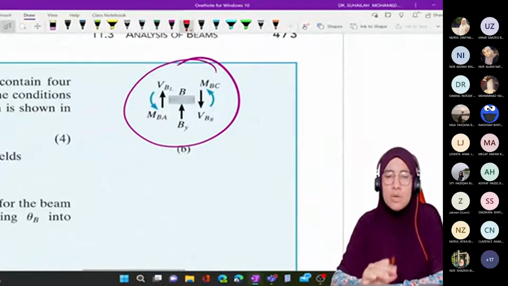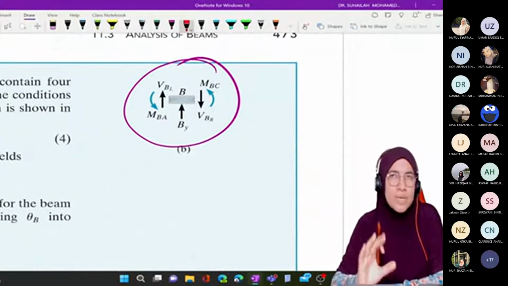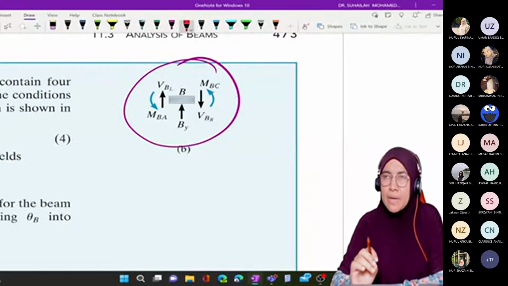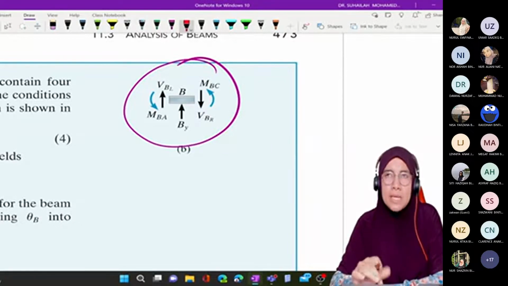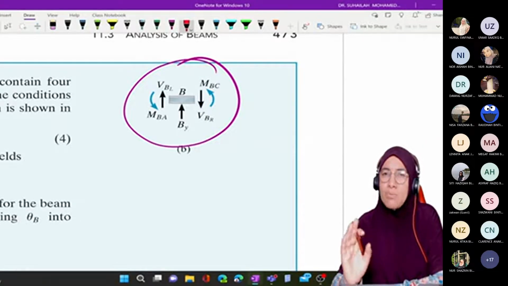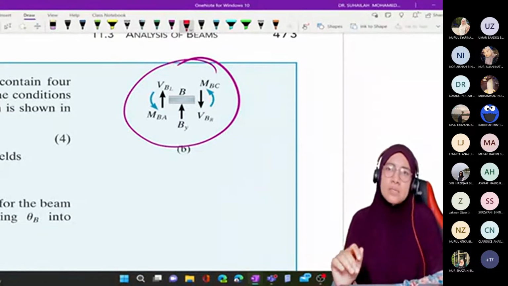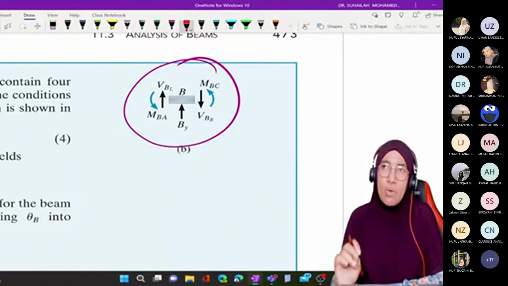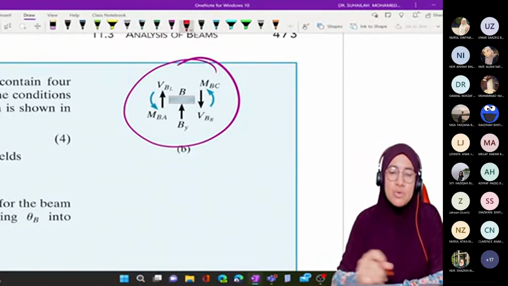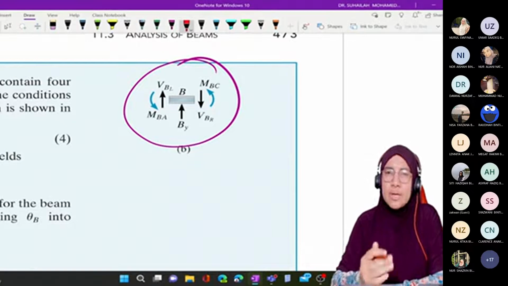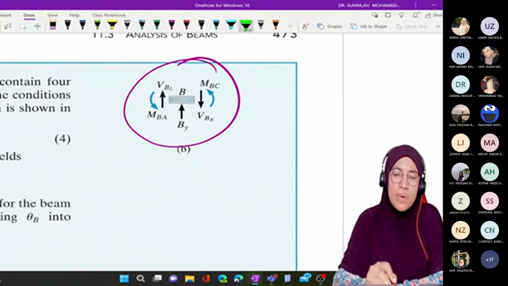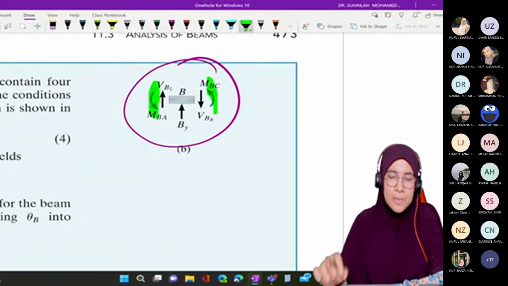Joint moment is opposite to member end moment, because of the member end moment assumption that we made at the beginning of the process. So clockwise moment that acts on the member is considered positive. Clockwise moment acts on the member. So this is the joint, counterclockwise.